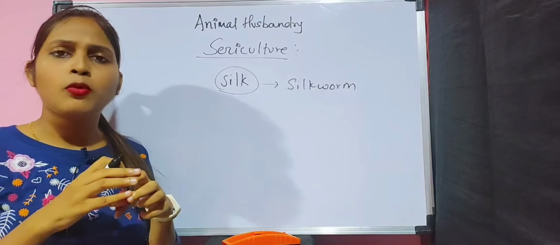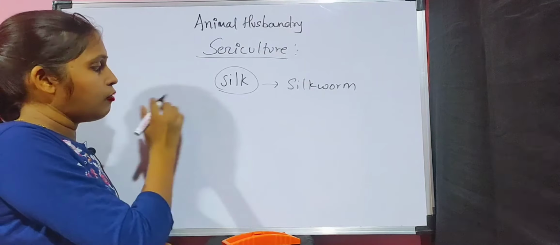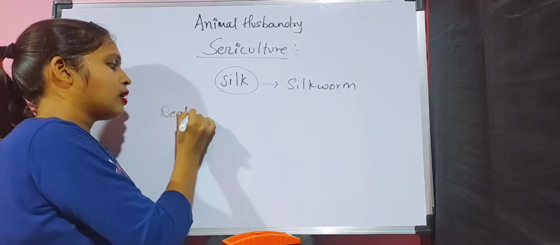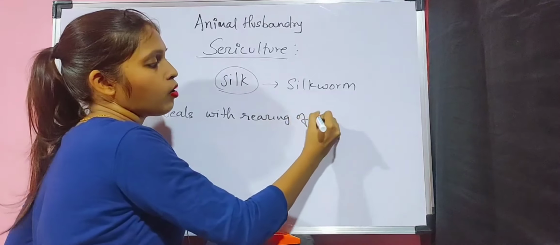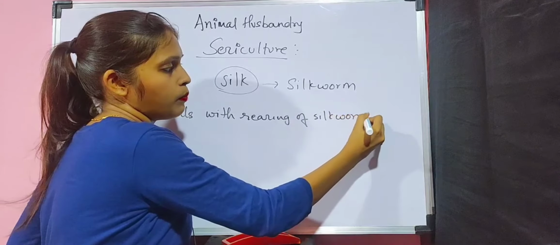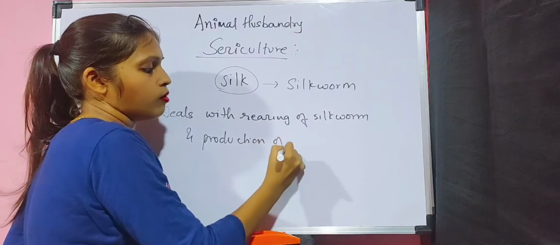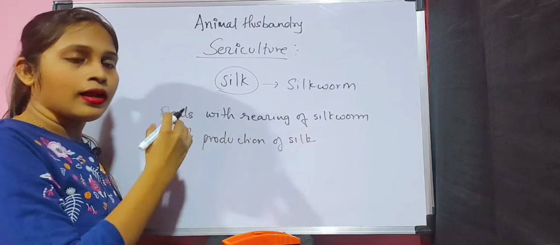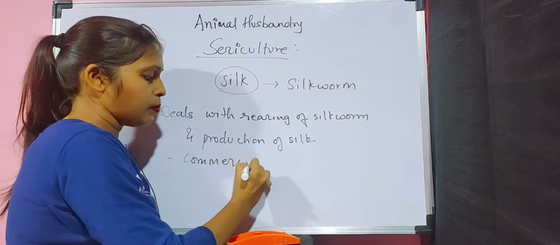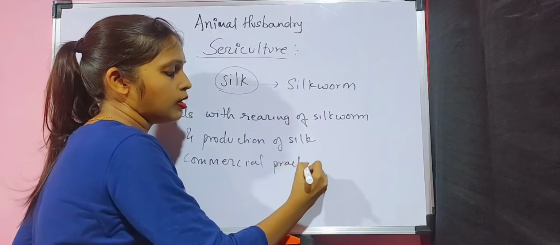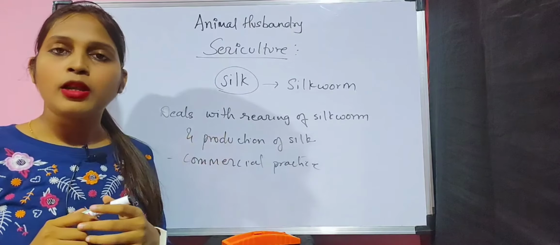To be more precise, in a more sophisticated way, we can put it as: sericulture is defined as it deals with the rearing of the silkworm and production of silk, and this is practiced on a commercial level, and it is called sericulture.